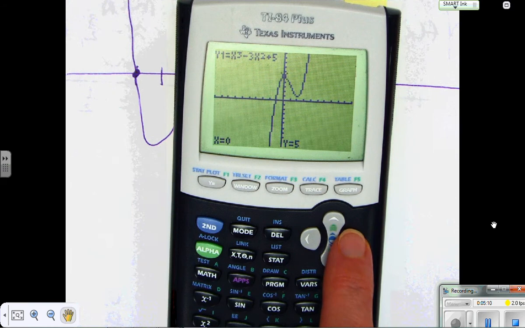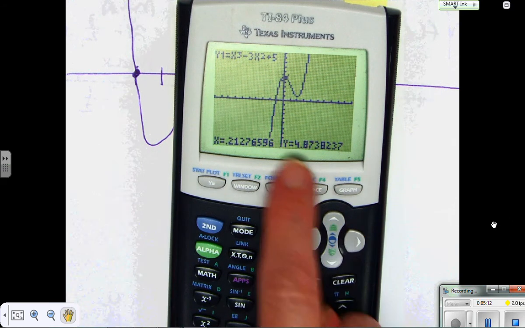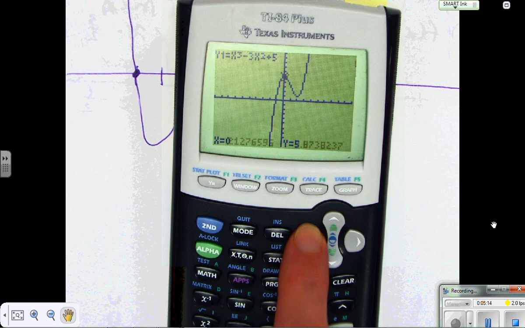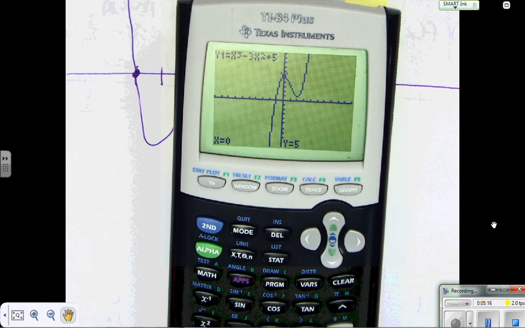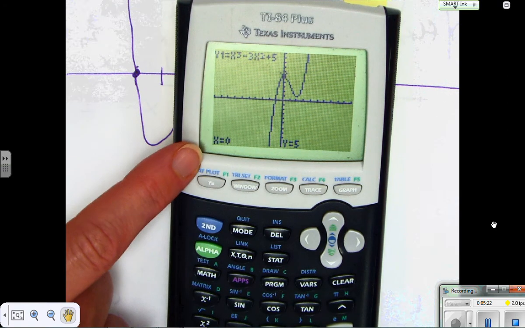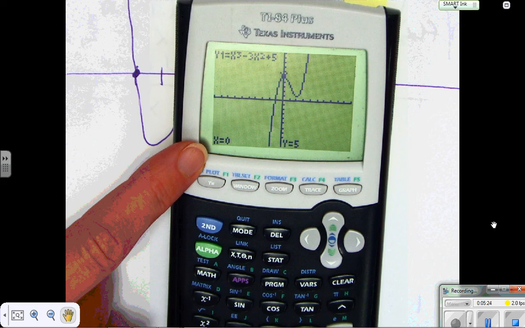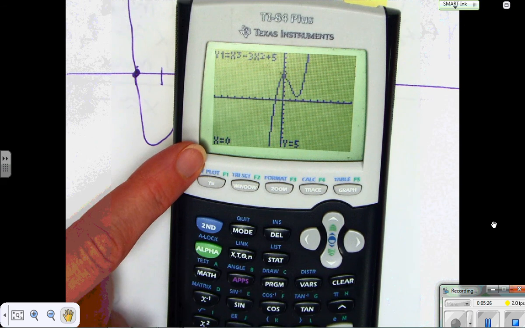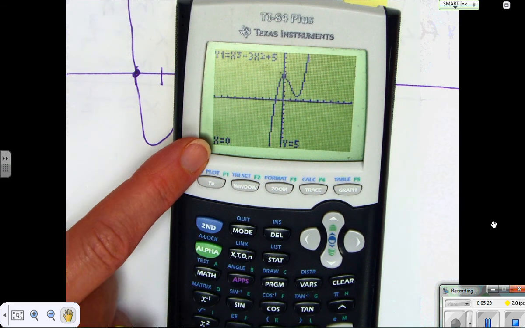Press the right arrow a couple times and it's going down on the other side. So when y is 5, that is the highest y value, so that is a relative max. Now whenever you write down the answer, though, they're asking for the x coordinate. So you watch the y value to see what's the highest, what's the lowest, but your x coordinate is the actual answer. So you'd have a relative max where x is about 0.